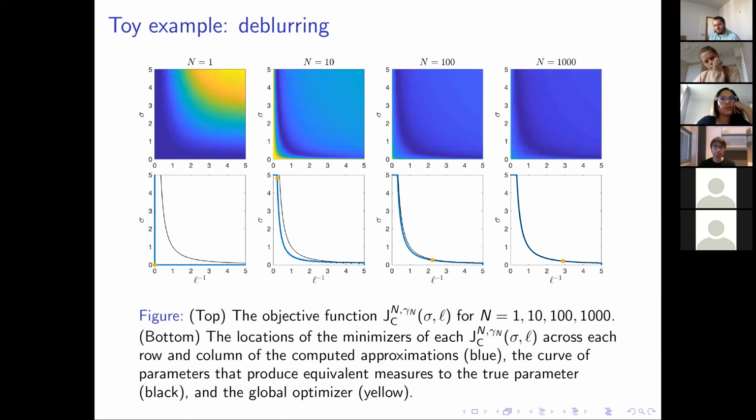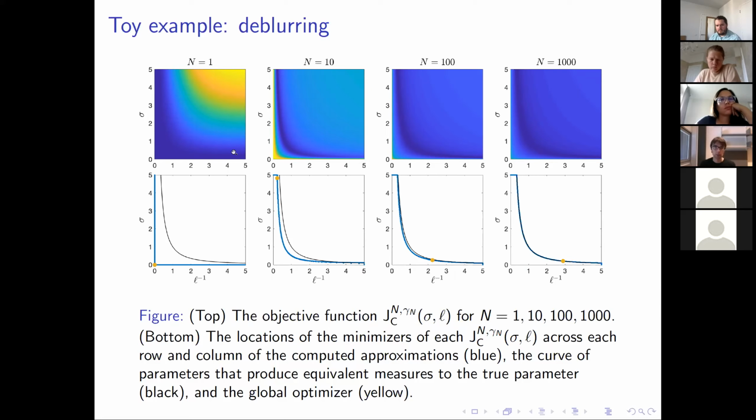Well, what happens in this case? So here are pictures where we have plotted the objective functional, the J functional that I was describing earlier. On the y-axis we have standard deviation, and on the x-axis we have inverse length scale.